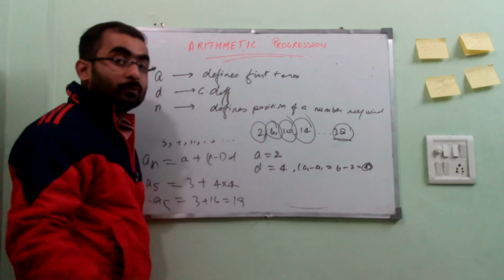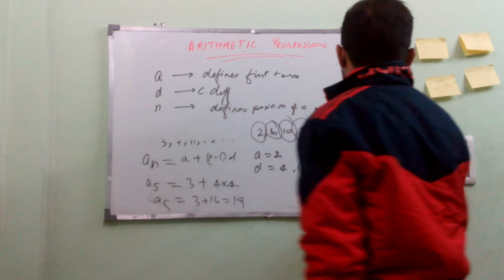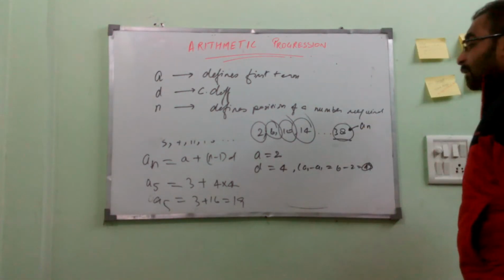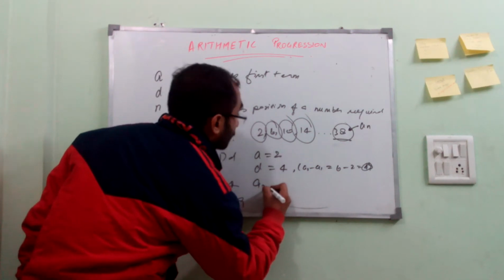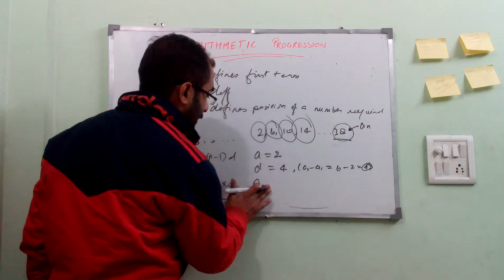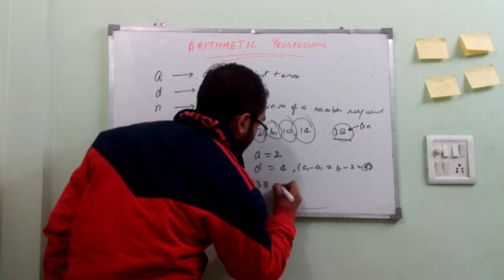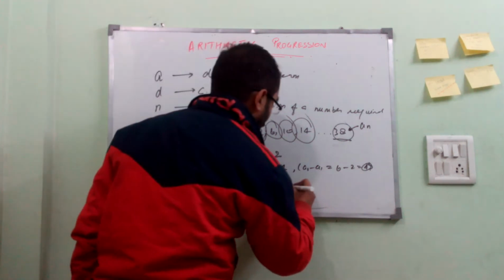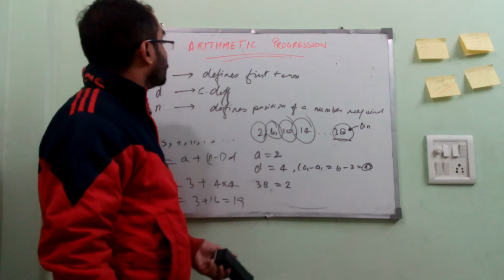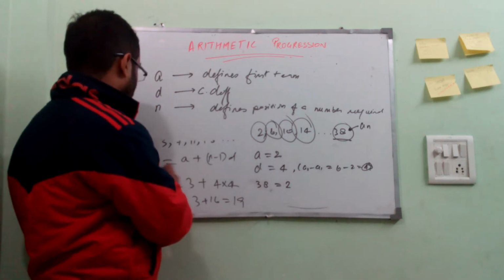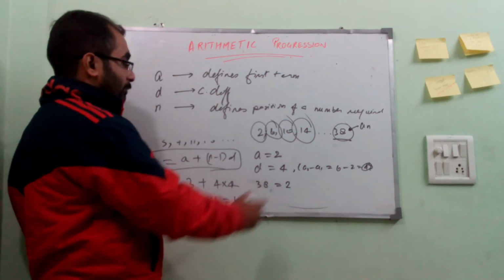We do not know the value of n, but we know that an, the value at the nth position, is 38. Sorry, so an is equal to 38. So 38 is equal to a, that is 2. I have not written the formula, so you can just consider it. I'm just writing the values directly.